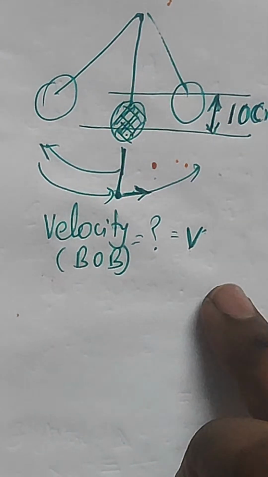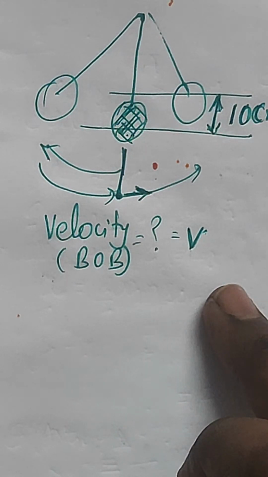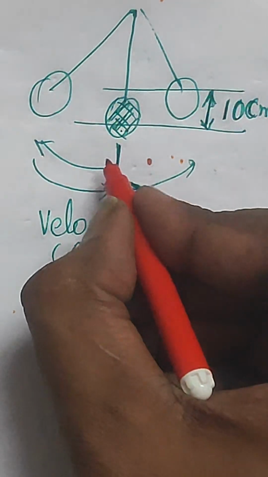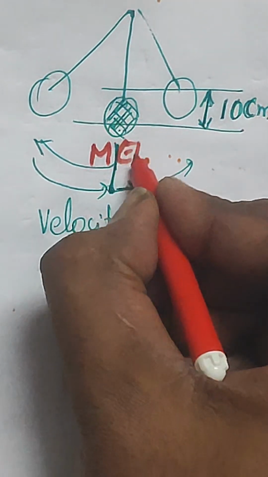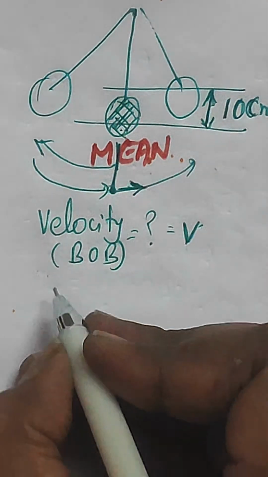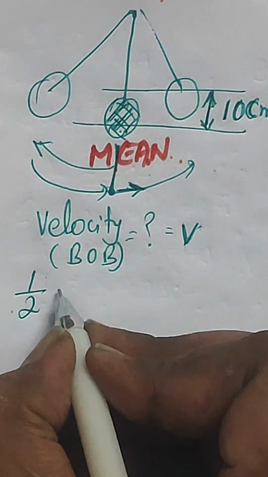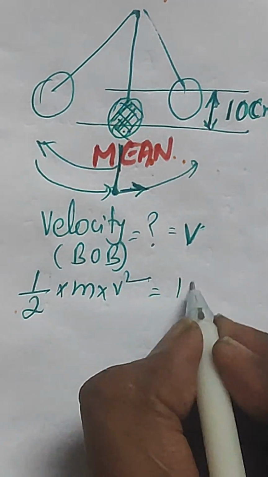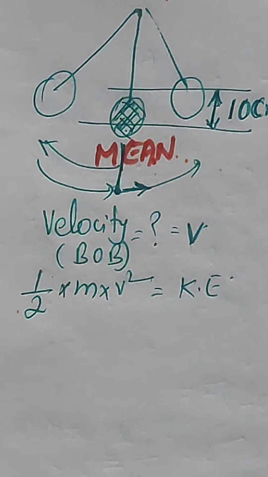Then we can say that the kinetic energy at this mean position, the central point, will be equal to half m v square. This is the kinetic energy, right?